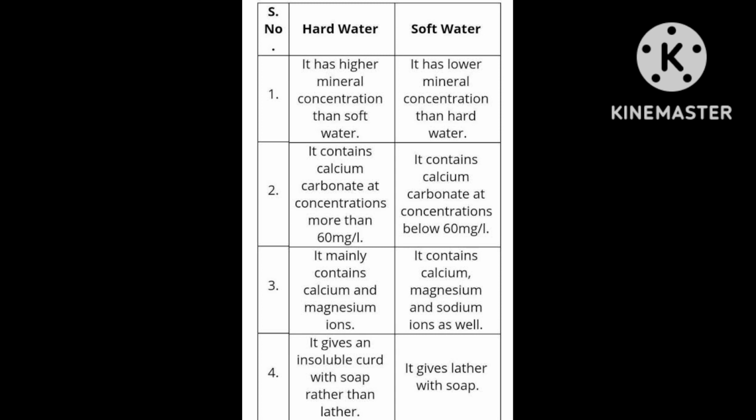Now the second type you can see, that is the interstitial water. Interstitial water means here simply water will be absorbed. Examples: BaCl2 2H2O, a hydrated molecule, copper sulfate 5H2O, barium chloride 2H2O.